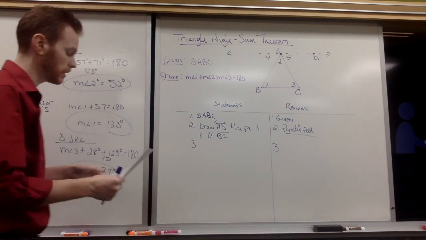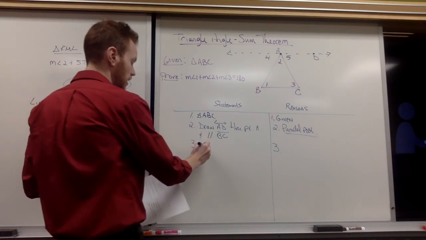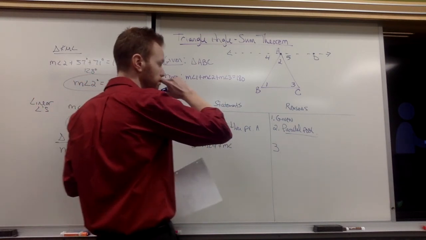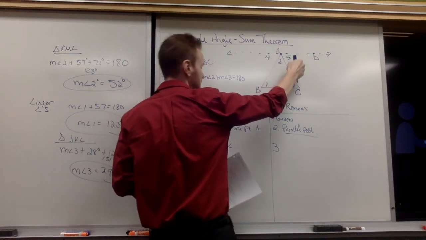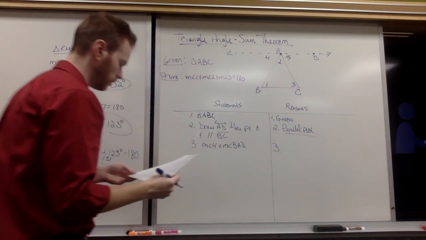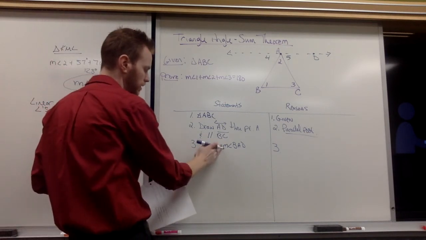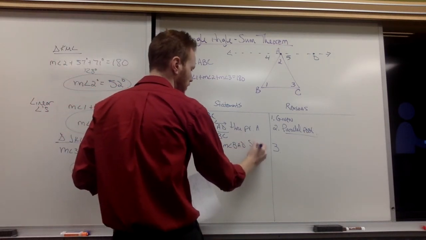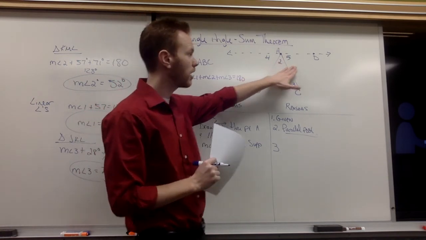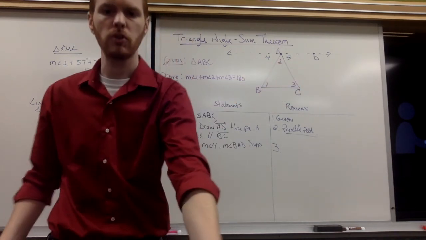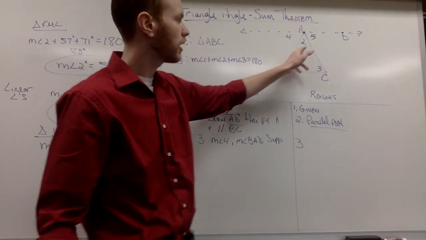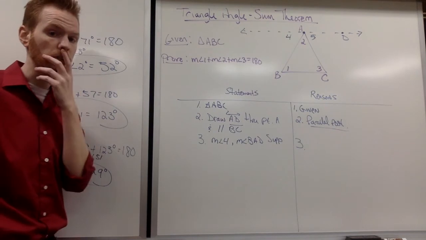So by doing that, look what happens. The measurement of 4 plus the measurement of BAD. If I look at those guys, we'll put this step in like this. They're supplementary, right? This angle and this entire angle over here add up to 180 degrees.